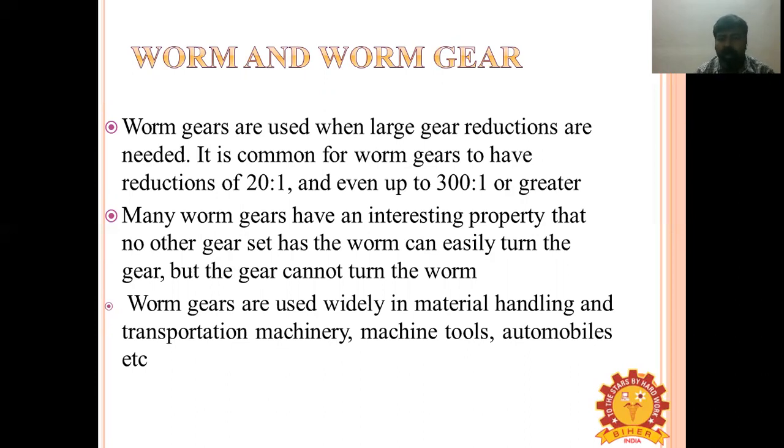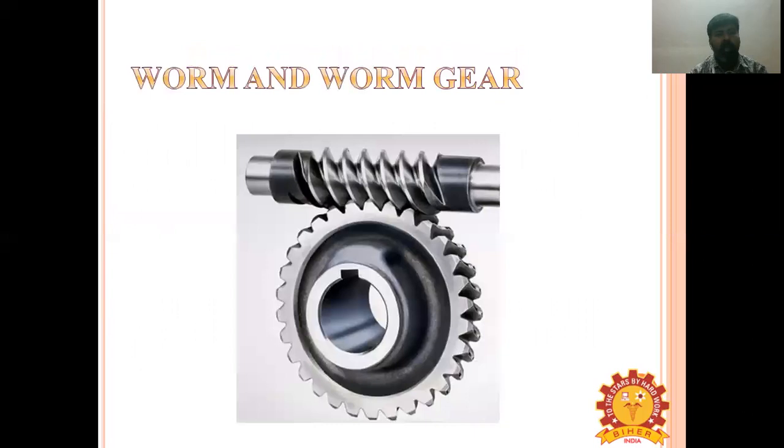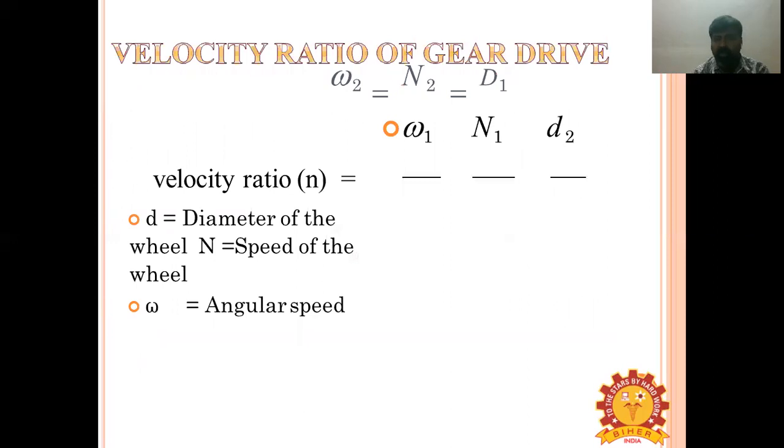Mainly it is used in material handling, transportation, machinery, machine tools, then automobiles, etc. So this is called a worm and worm gear, and this is the velocity ratio which we use here.